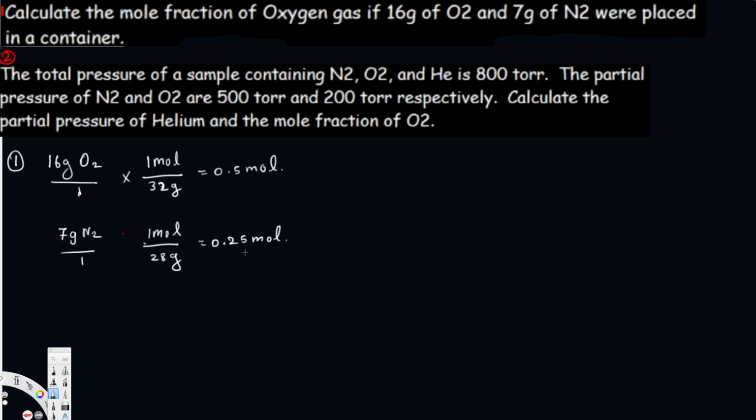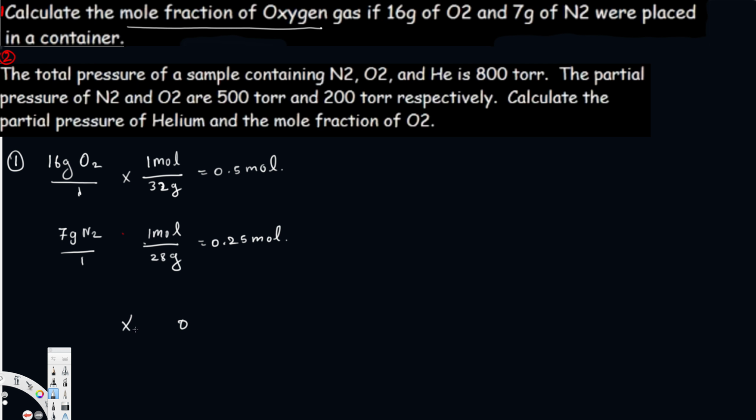Okay, so the question is asking you to calculate the mole fraction of oxygen gas. To find that, first of all, I have to calculate the total mole. If I add the two of them together, that's going to give us the total mole. So 0.5 plus 0.25 is 0.75.